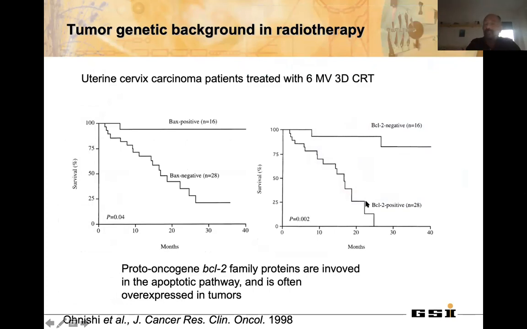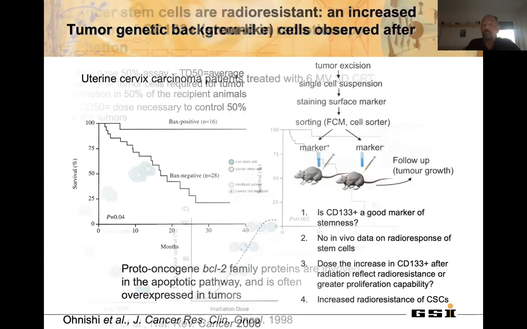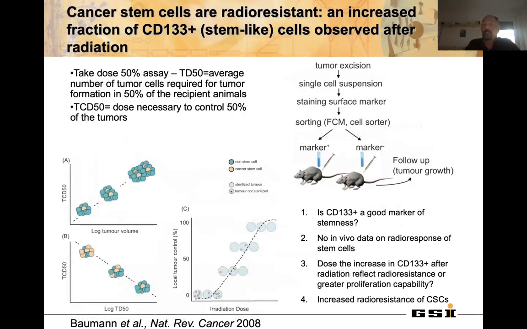This is actually quite interesting because BCL2 and BAX are proteins involved in the apoptotic pathway, and so they suppress essentially apoptosis, and they are generally overexpressed in tumors. So for this kind of tumors, carbon ion therapy can be effective because, of course, you can induce cell death without apoptosis.